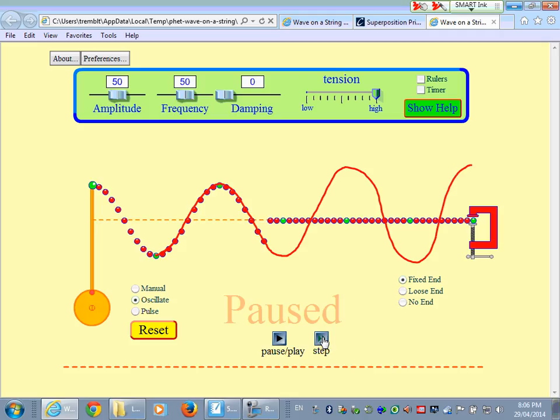Okay, so now imagine this wave were to keep going. It can't keep going because it hits a fixed end, so it reflects. And so it reflects like this. But remember, when it reflects, it has to invert itself. It has to flip. So that point, if it's flipped, actually comes down here. So the wave that is reflected would look like this.